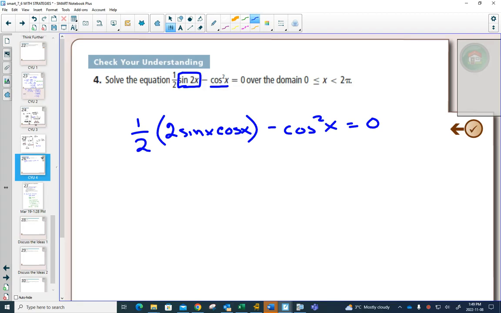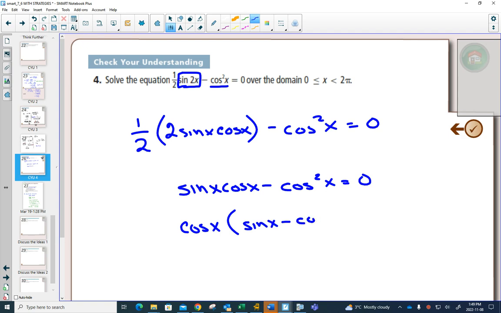Which just, with the half and the 2, becomes sine x cos x minus cos squared x equals 0. Do you have a common factor? Yes. You can pull out the cos, leaving you with sine x minus cos x.